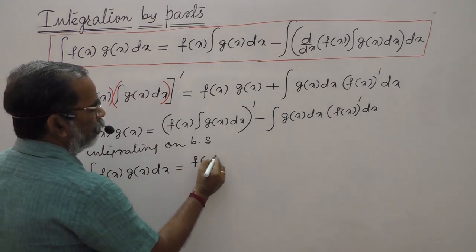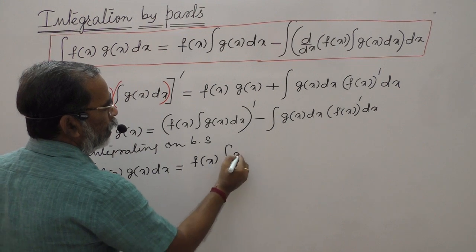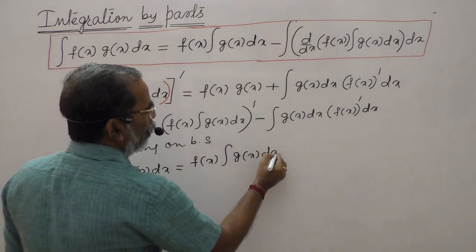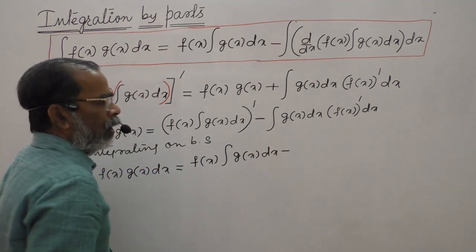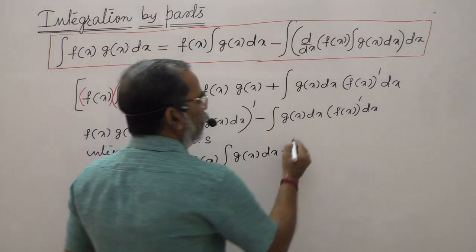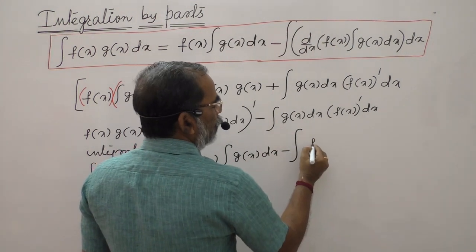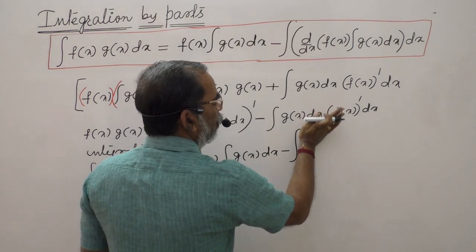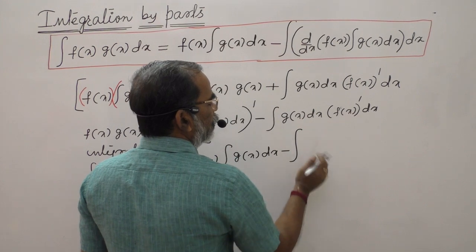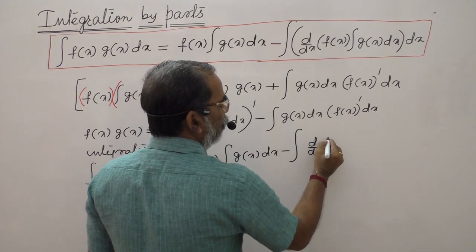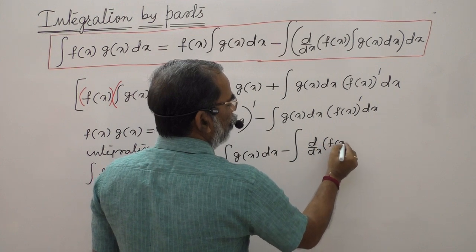We will have f of x into integral g of x dx minus, again we are integrating this, so one more integral. I will write this here. What is this? F dash x, or you can write it as d by dx of f of x.